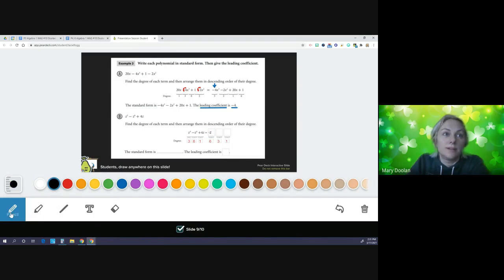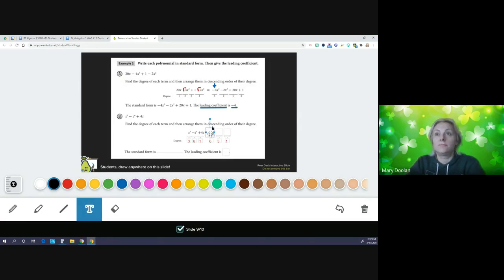And Pear Deck is not the best for trying to type exponents, so I need to switch to the pen tool for that. And then after that, we have the term that has 3 as its degree, z cubed.